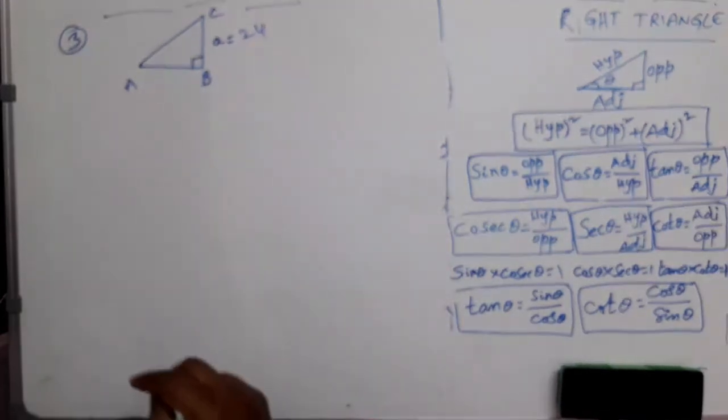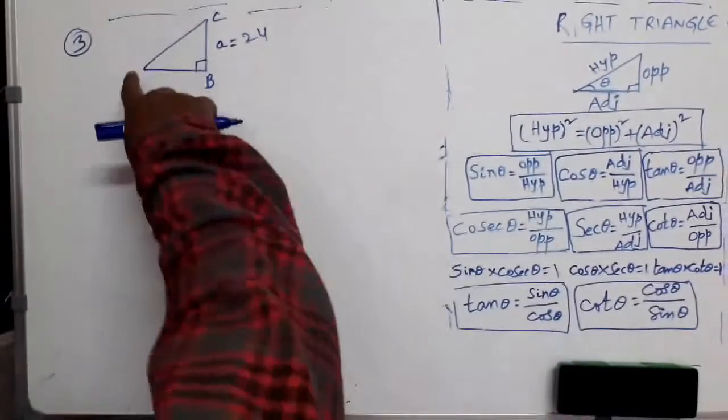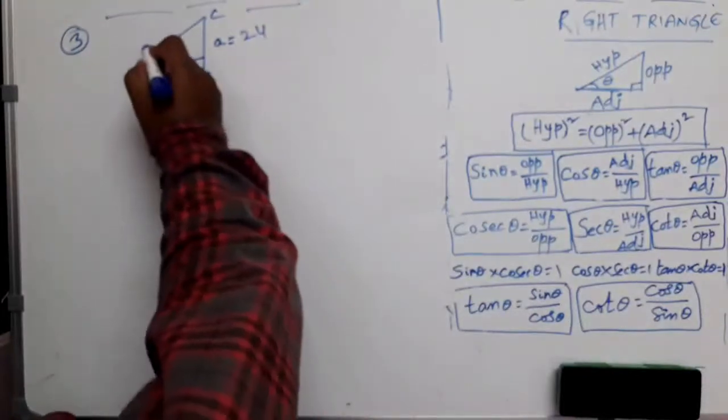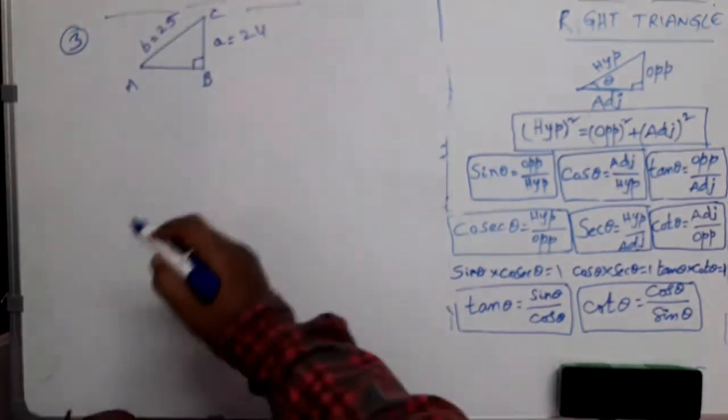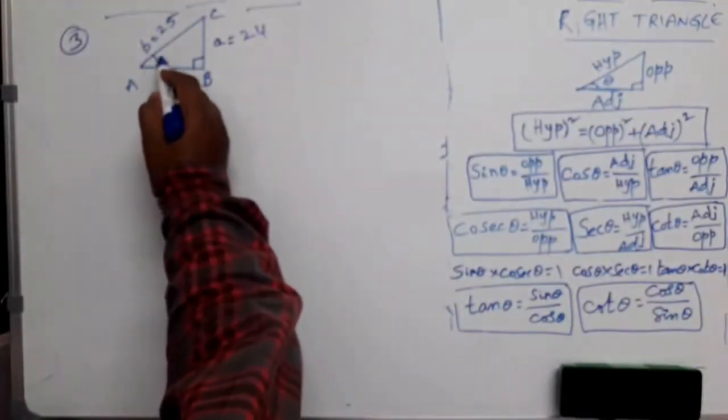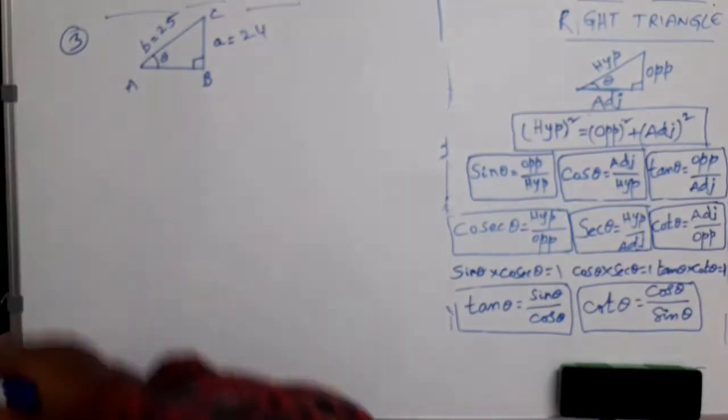In the same way, small b is given as 25. Small b is the side opposite to angle B. Here this is angle B. The side opposite to B is this one. This is small b, given as 25 units. And angle BAC is theta. That is this one. That's what he has mentioned.